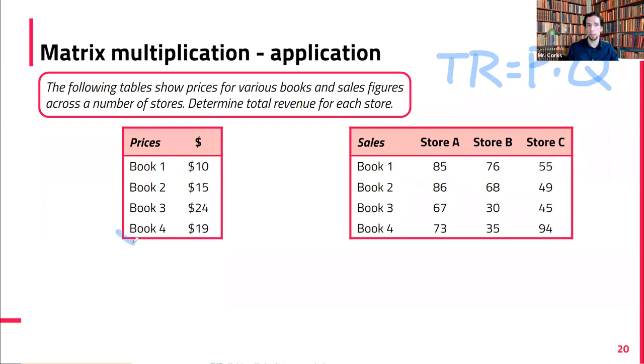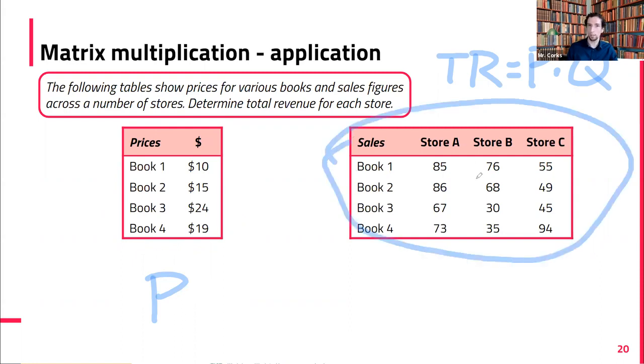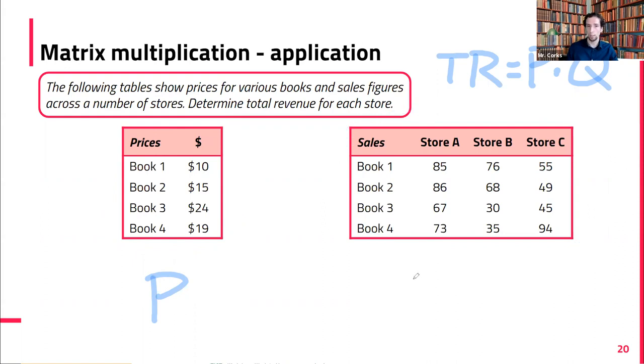So look at the things that we have here. This is a table of all of the prices that consumers would pay. That's kind of P, right? And then this other one, sales, the number sold, quantity sold. Actually, I'll write this a little higher.